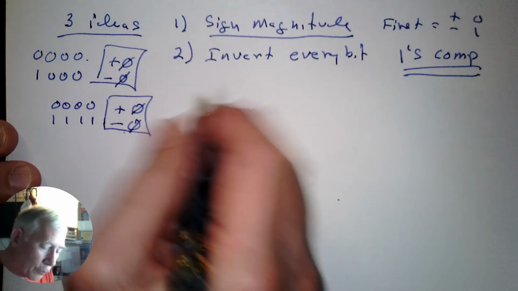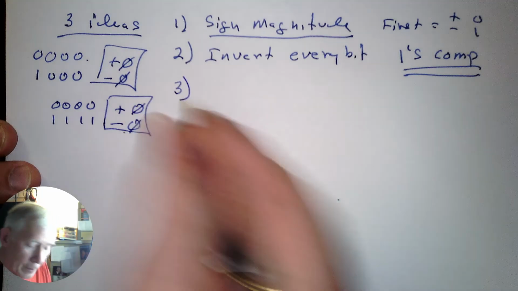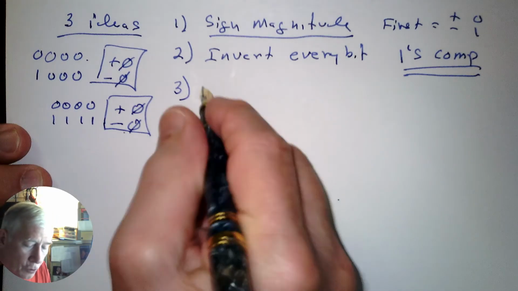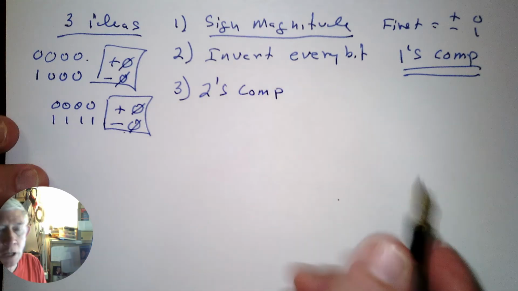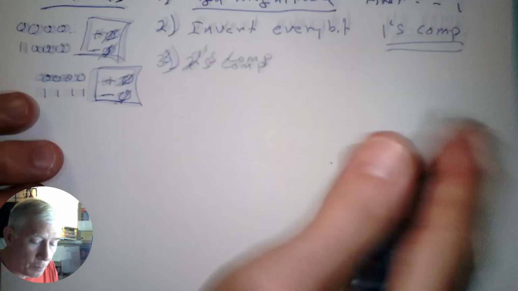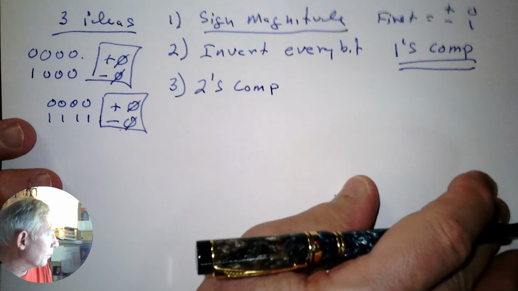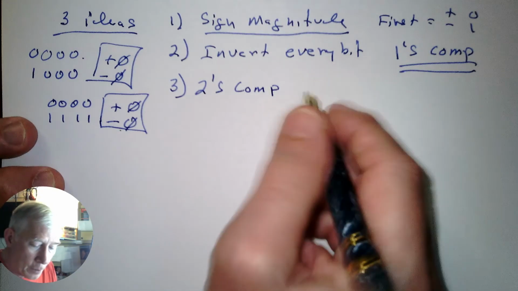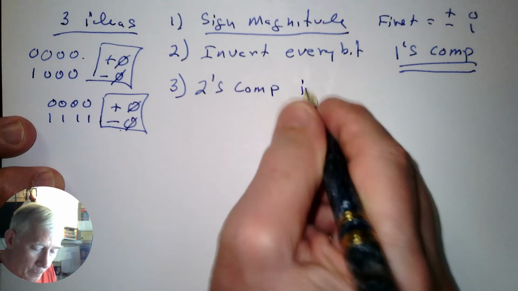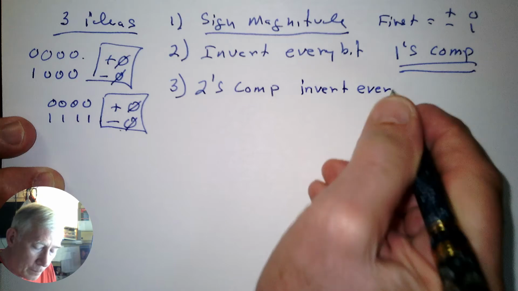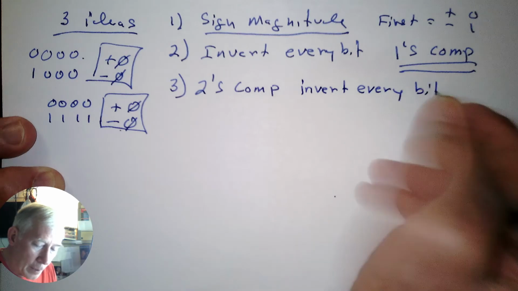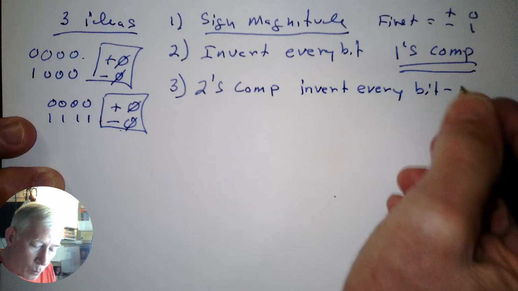All right, third possibility, and that is 2's complement. Now, how does 2's complement work? It's basically very similar to 1's complement, except we invert every bit, and then we add 1.